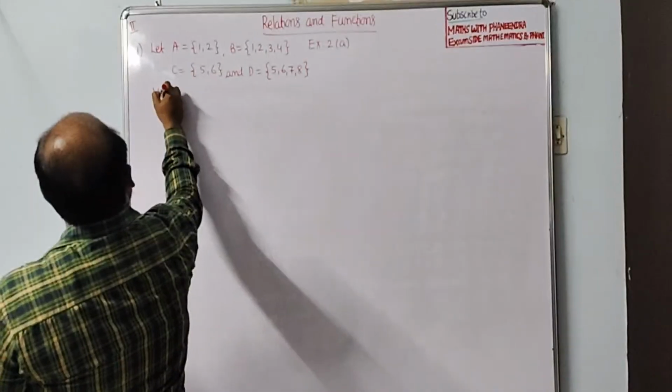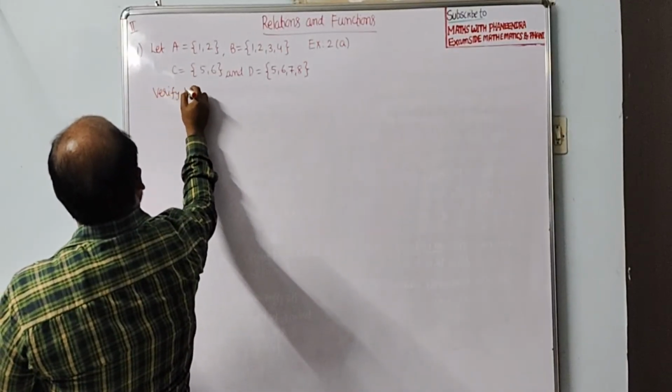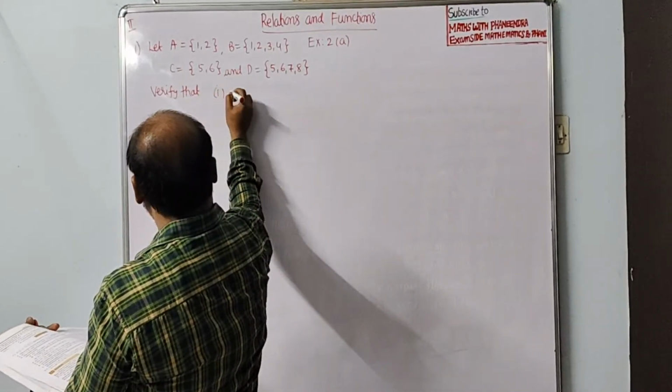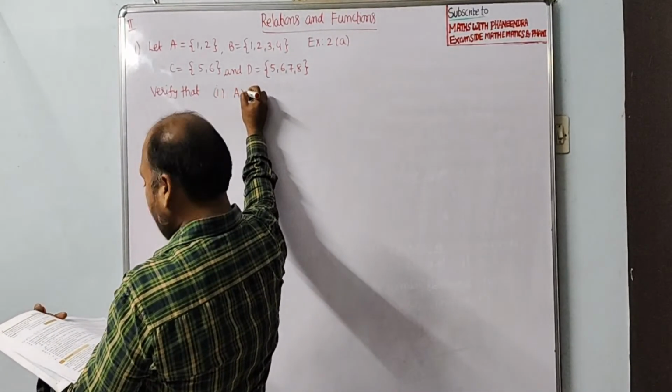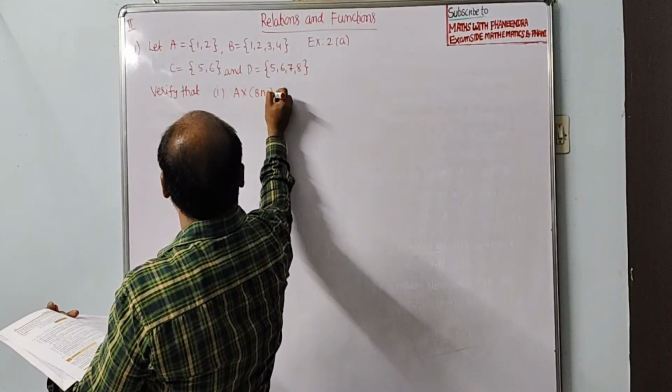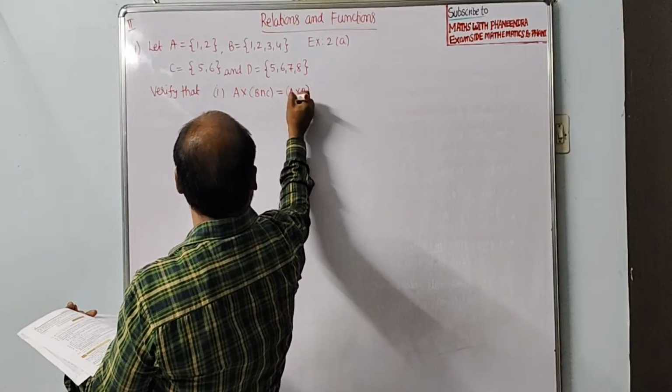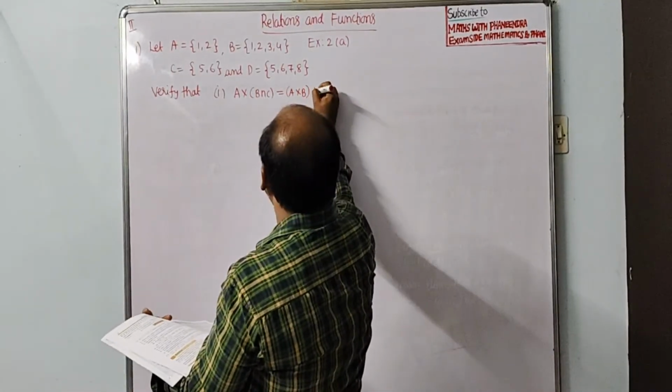Verify that. The first question: A cross (B intersection C) is equal to (A cross B) intersection (A cross C).